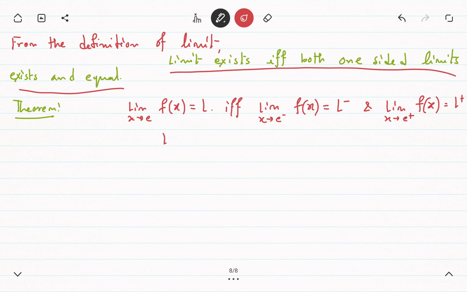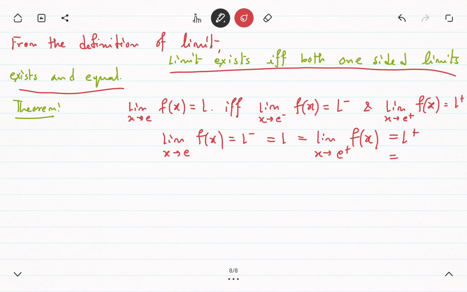So we'll write that the limit as x goes to c from the left of f of x, equals L, equals the limit as x approaches c from the right of f of x, equals L. This is what we write.